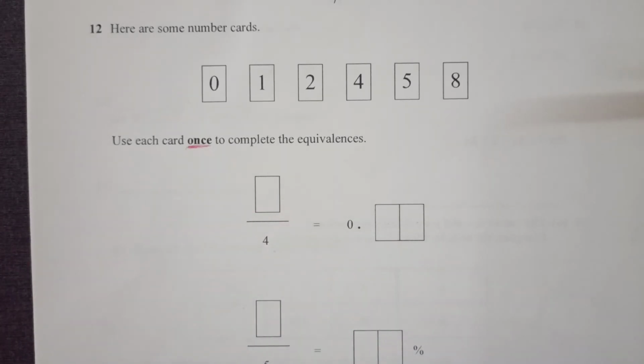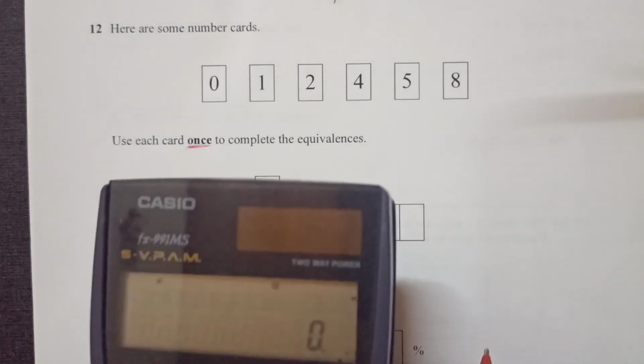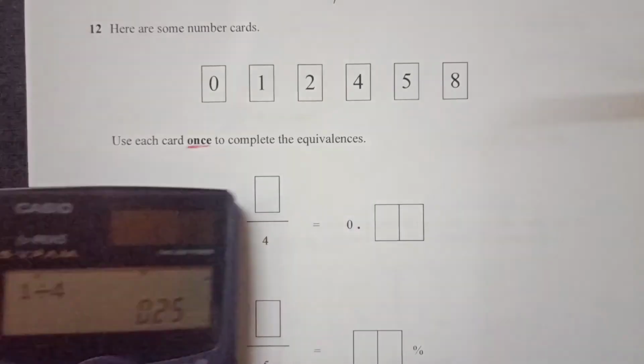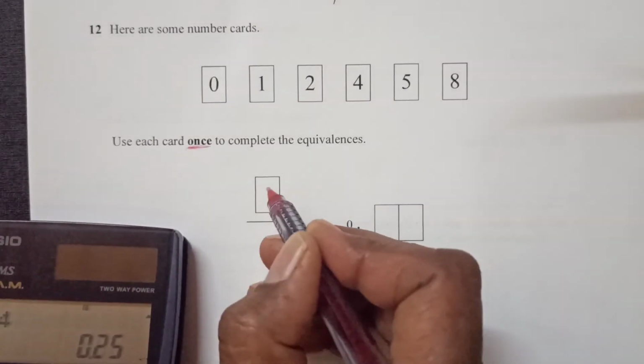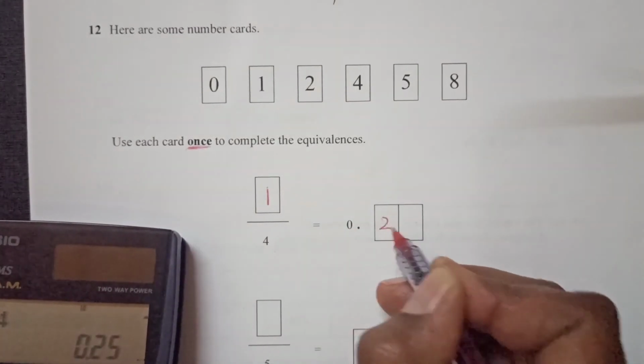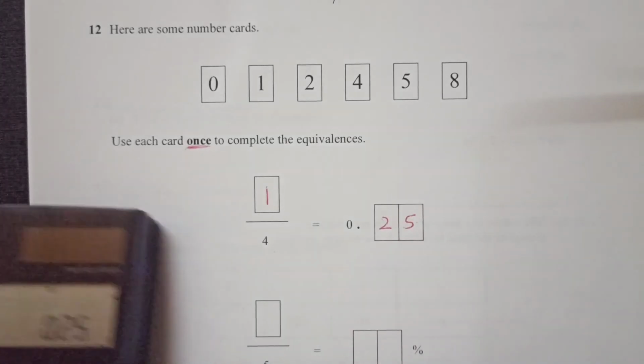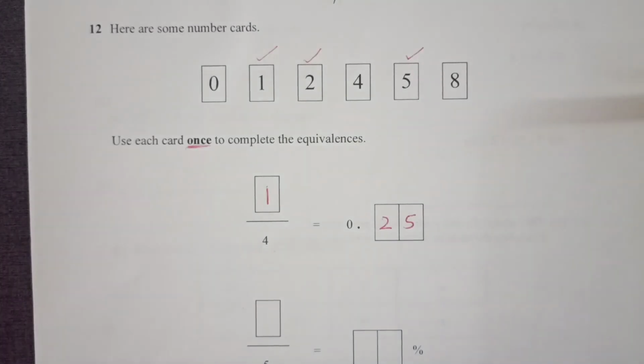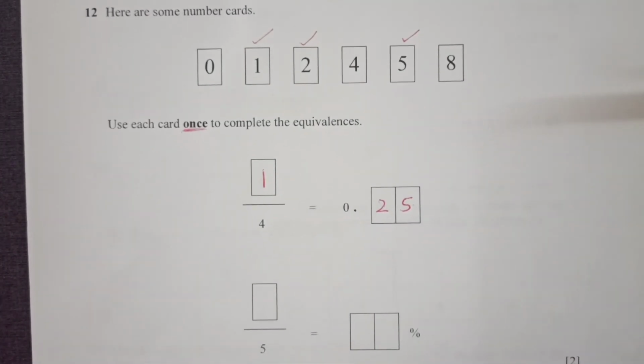Let me try with 1. If I write 1 divided by 4, it will be 0.25. So 0 is already there. Let me write 1 here, and we can write 0.25. So 1 is done, 2 is done, 5 is done. Now we are left with 0, 4 and 8.